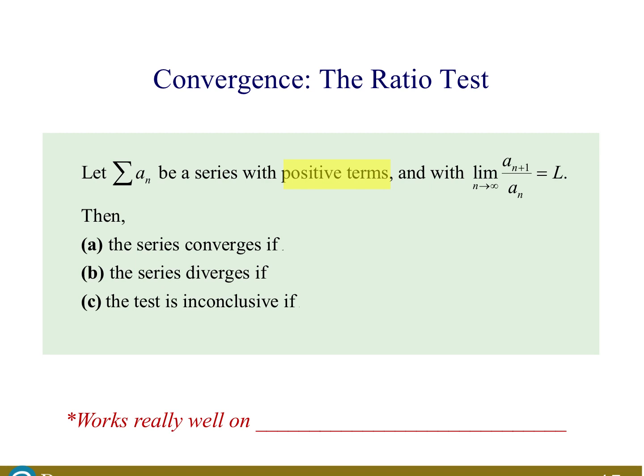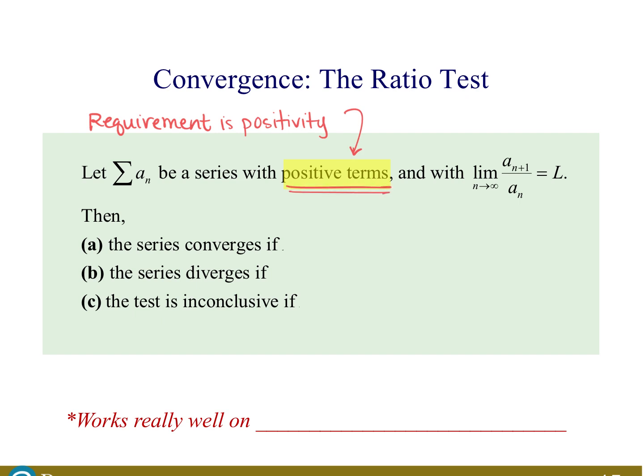The ratio test. We also use a limit here, but there is a requirement. The requirement is positivity. This does not work with anything that has negative terms. Okay, positive terms only.